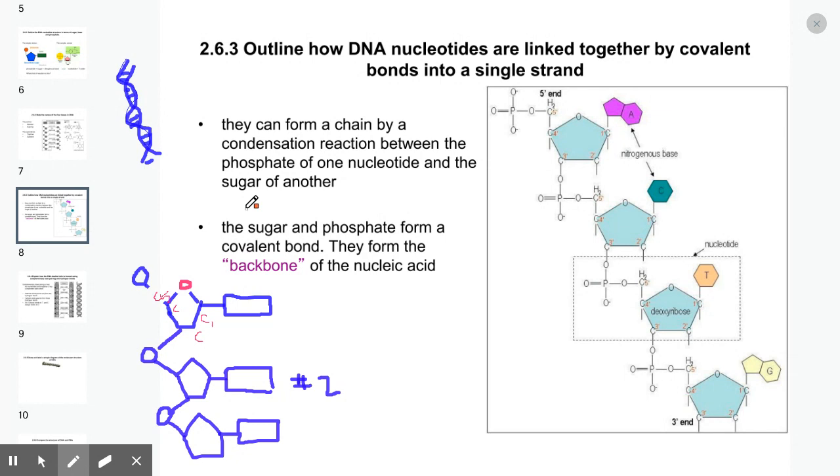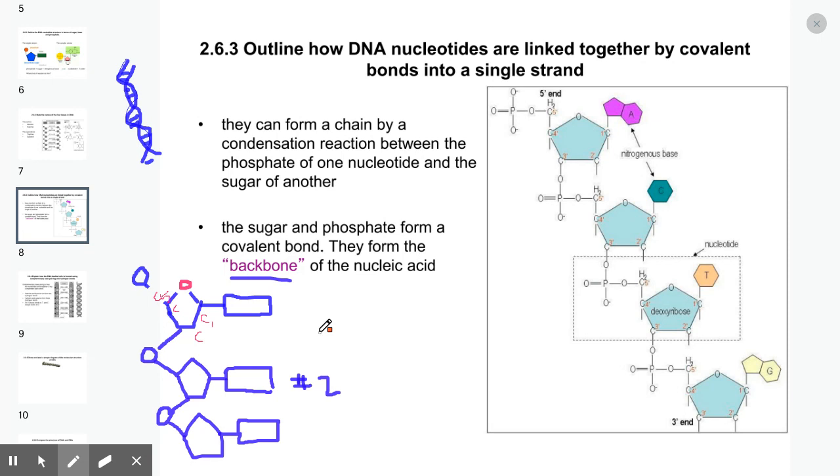We will quite often call the phosphate and the deoxyribose part the backbone of our DNA. So this dark line here is repeating phosphate, sugar, phosphate, sugar, phosphate, sugar. And these little lines in between them are our nitrogenous bases. Okay, so that's how you can talk about how they're linked together.